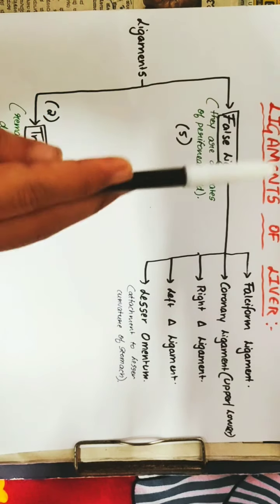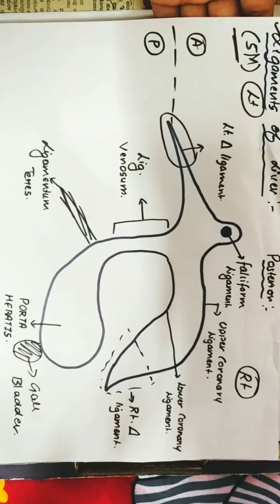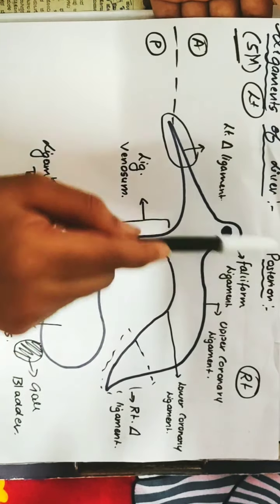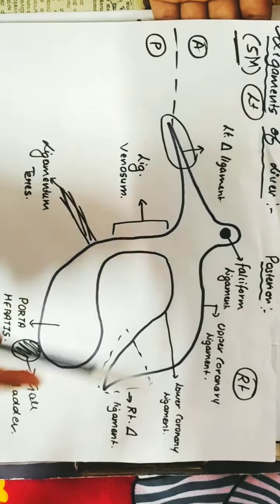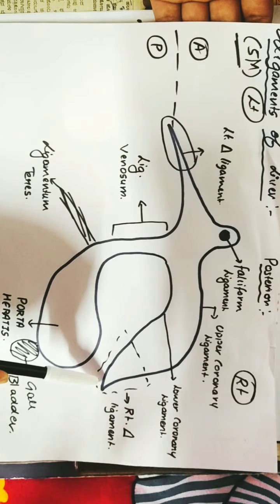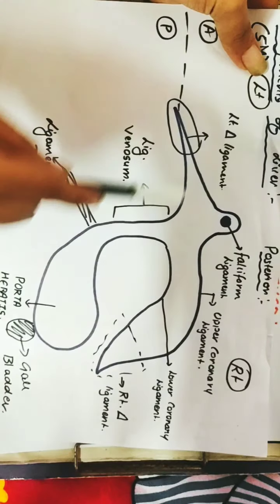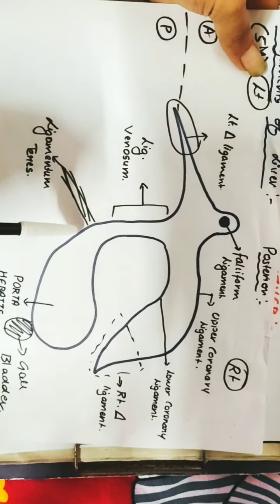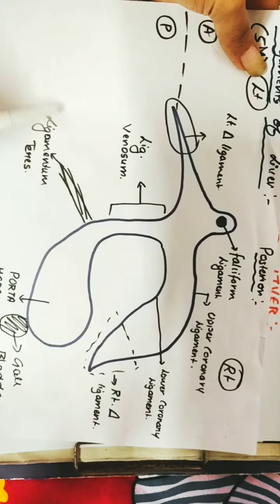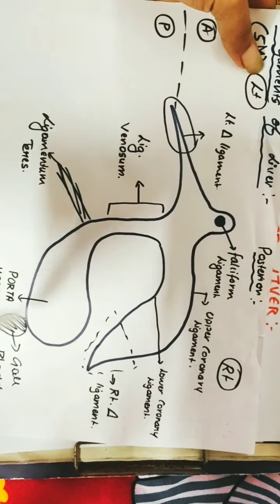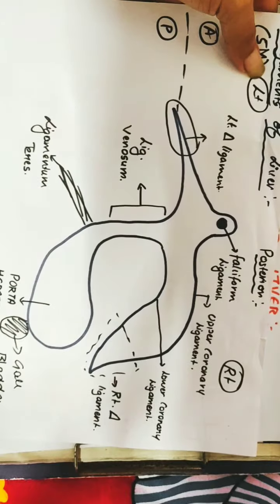They are peritoneal folds. Once again, to show the diagram, the false ligaments were: falciform ligament, upper coronary ligament, lower coronary ligament, right triangular ligament, left triangular ligament, and there is an attachment here at Porta Hepatis called the lesser omentum, which we'll be dealing with in the next class.